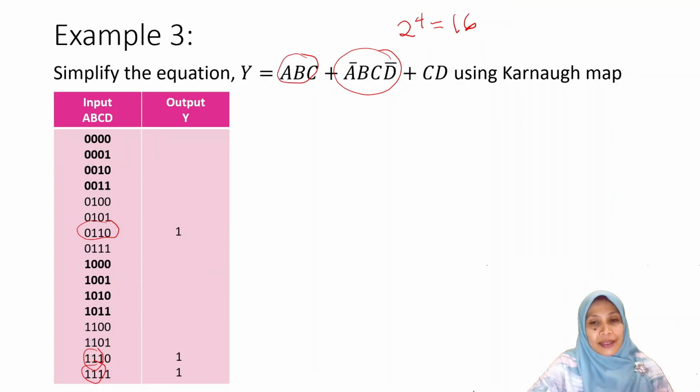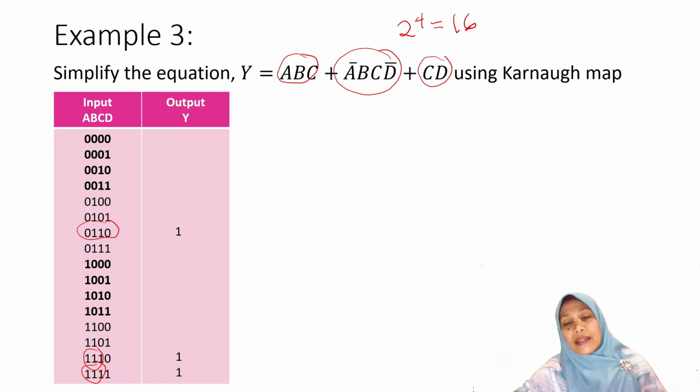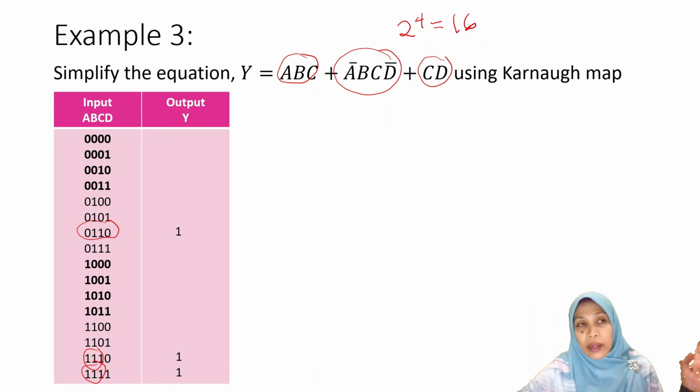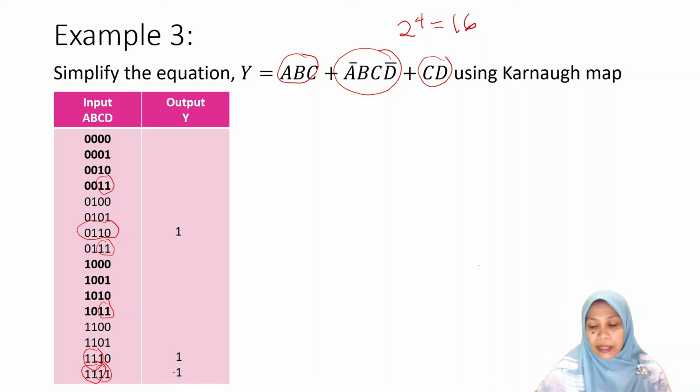Okay. Next term is CD. So you just find the value of CD equal to 1 and then ignore the value of A and B. Right? CD is here, C equal to 1, D equal to 1, and also here, and another one here, and also another one here. So for this row, we already marked the output equal to 1, so no need to mark it again.